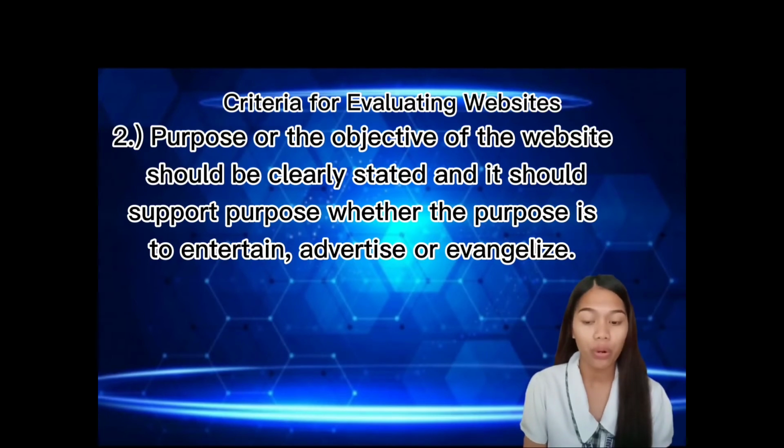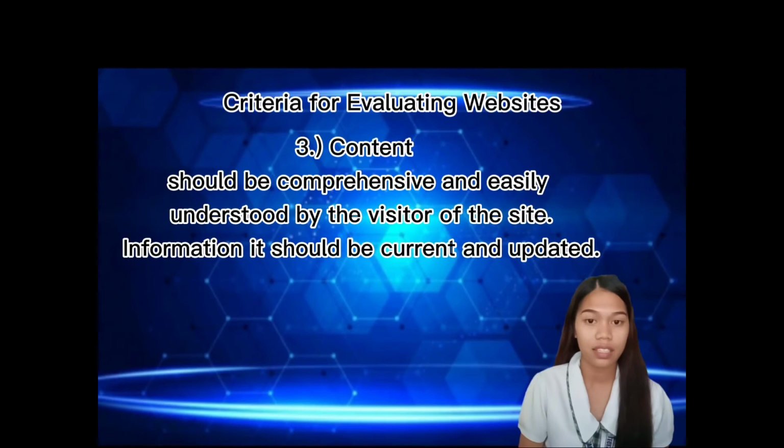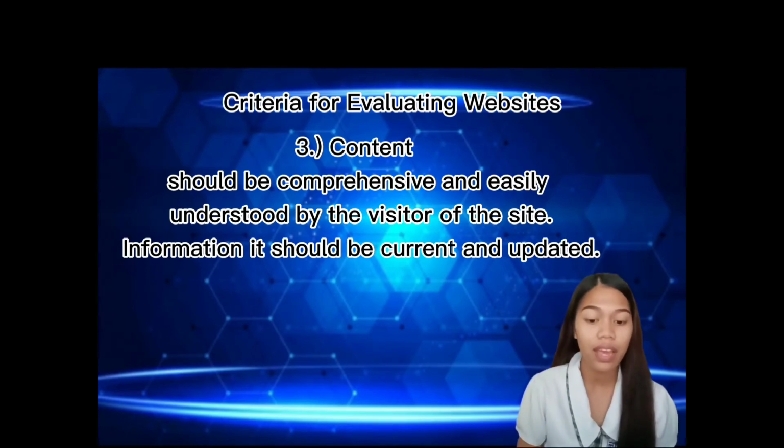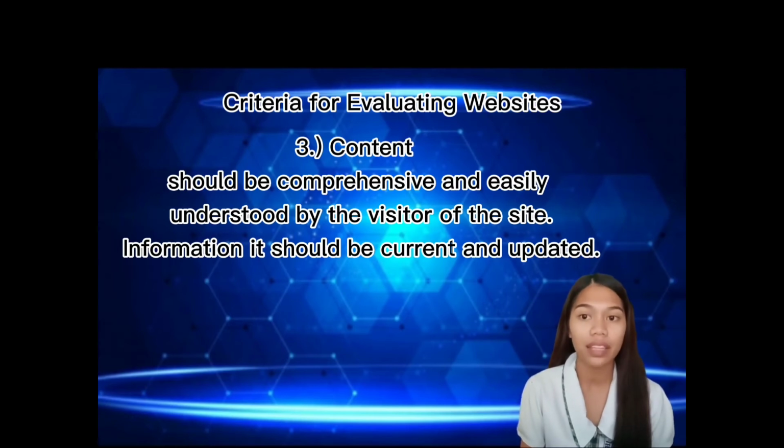It should define whether the purpose is to entertain, advertise, or evangelize. Third is the content, which should be comprehensive and easily understood by the visitors of the site. So this information should be current and updated.